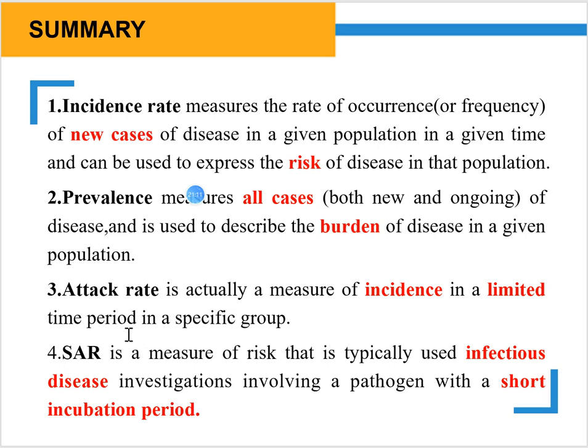Third, attack rate is a measure of incidence in a limited time period in a specific group. Fourth, secondary attack rate is a measure of risk that is typically used in infectious disease investigations involving a pathogen with a short incubation period.